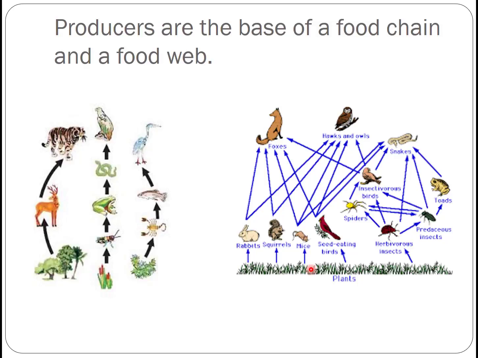Then there are things that eat those things, and those are secondary consumers. They can also be called carnivores or omnivores. Omnivores are biotic creatures that eat both plants and animals. Those are bears, certain types of insects, frogs, fish.